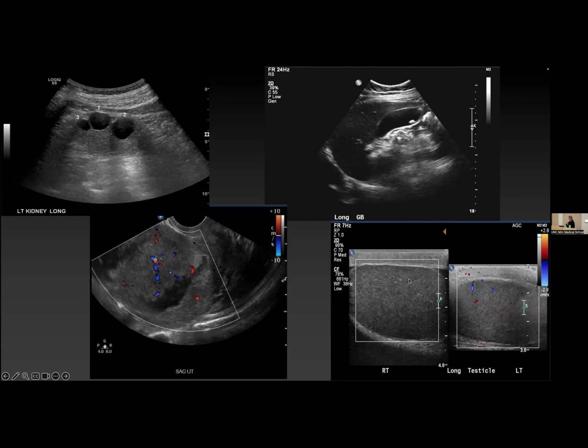This left side has flow, and we can compare the 2 sides on a side-by-side image and say, but the right side has no flow, and that's a problem. That's why the patient's having pain, and they need to go to surgery. So ultrasound is a wonderful tool to make these diagnoses without having to go on to additional imaging, potentially reducing the need for CT or MRI.